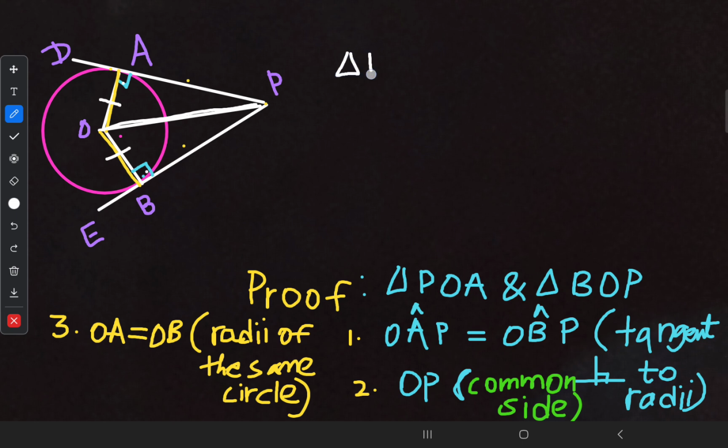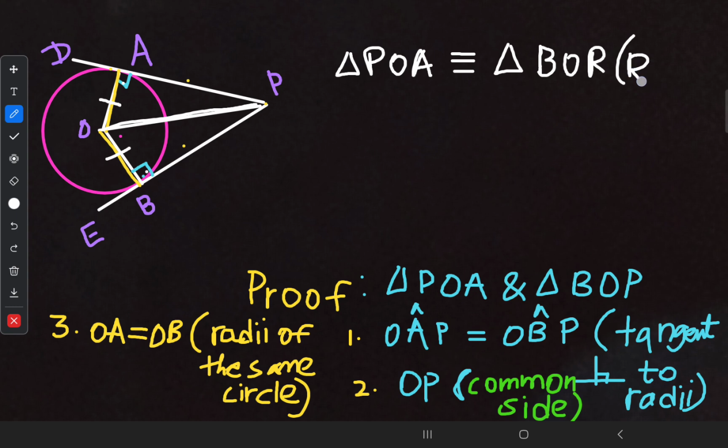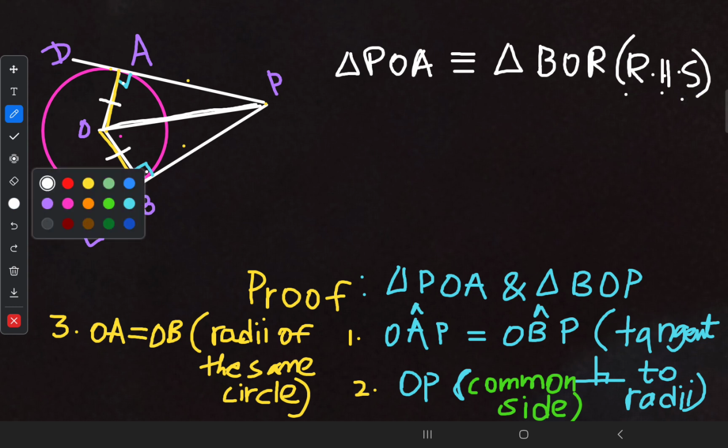So triangle POA is congruent, using the triple line for congruence, with triangle BOP, under the condition RHS. You know what is RHS? Right angle, hypotenuse and another side.